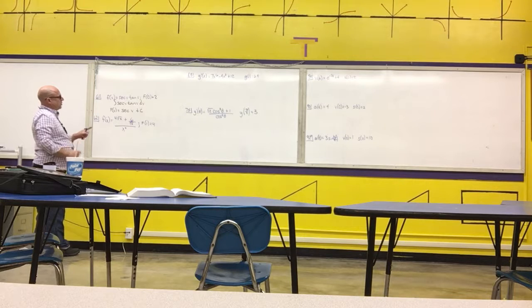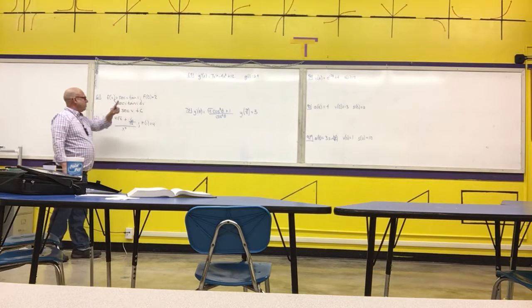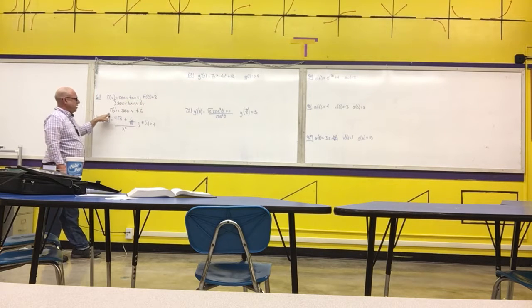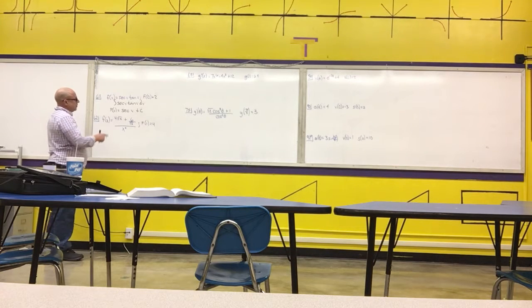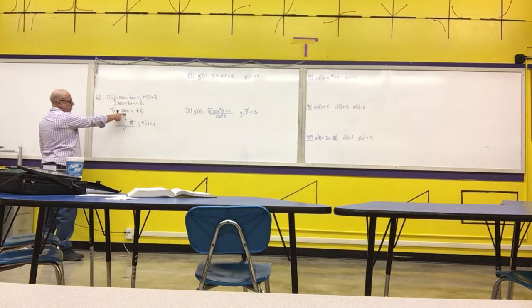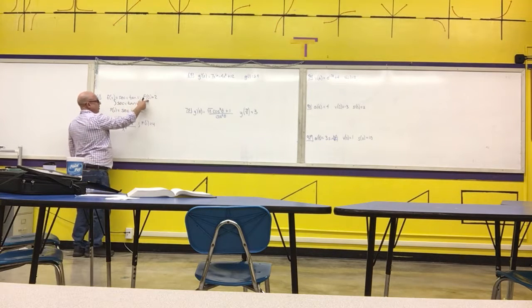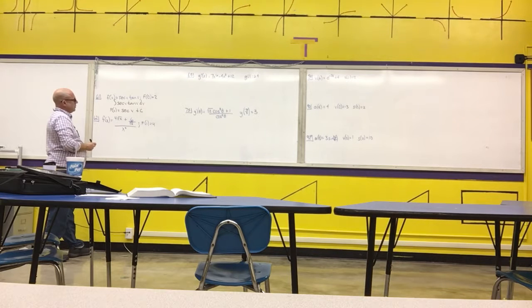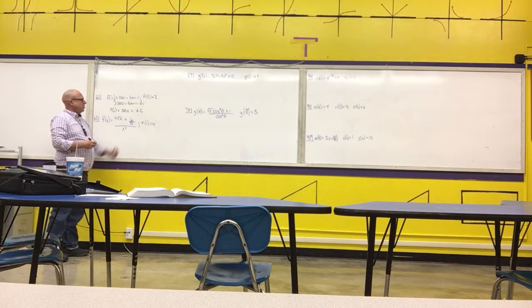Now I'm going to substitute the 0 in for v and put the 2 over here and solve for C. Secant is 1 over cosine, and cosine of 0 is 1. 1 over 1 is 1.